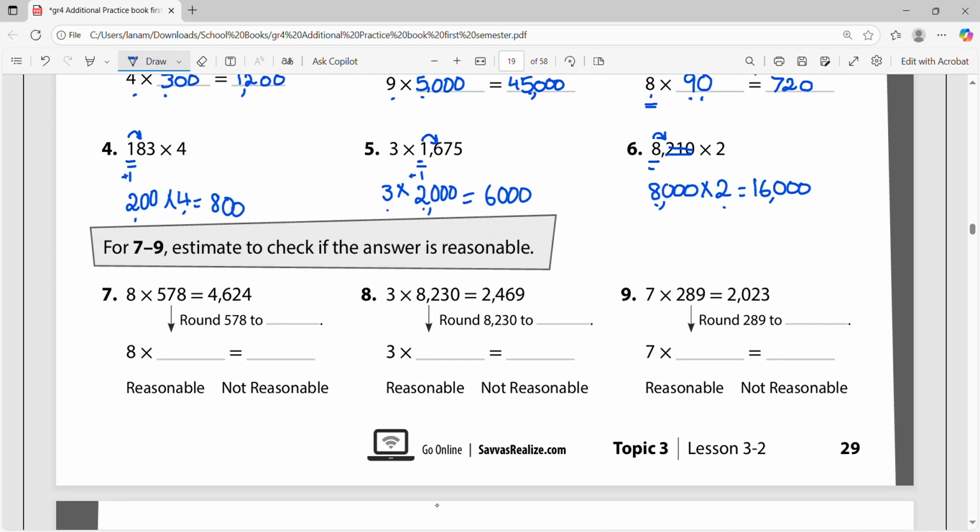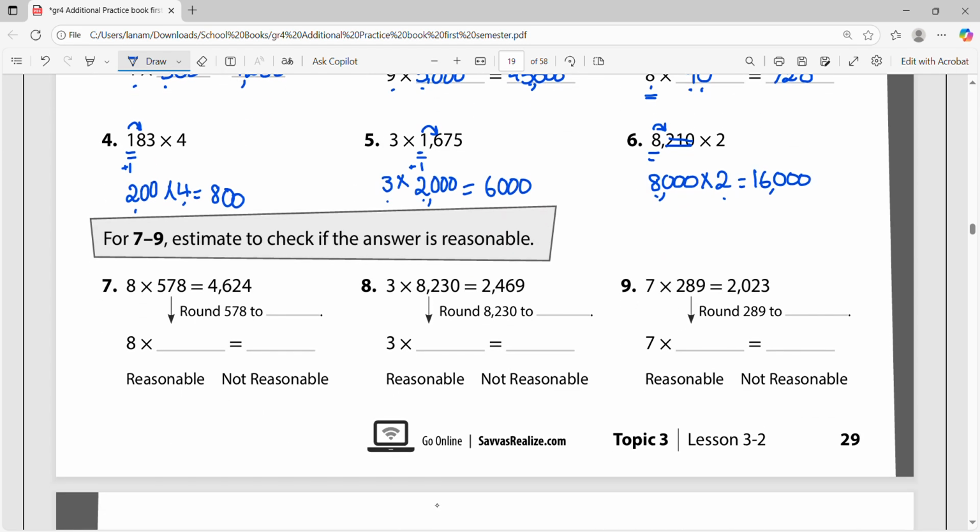Now in exercises 7 to 9, we need to estimate to check if the answer is reasonable. Now let's round. They gave us the answer here. We need to know, is it correct or incorrect? Is it reasonable or not? I have 578. We will round to the nearest 100. Find your place, look next door. If 5 or greater, add one more, so this will be 600.